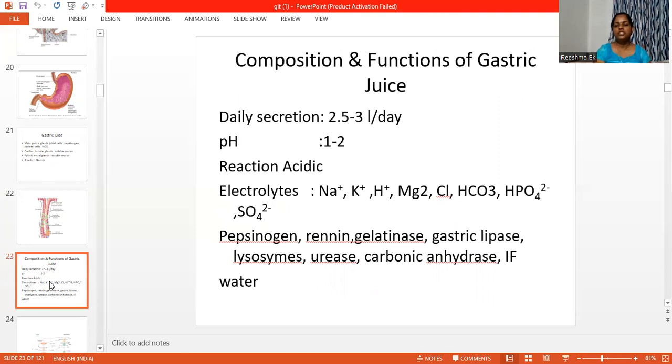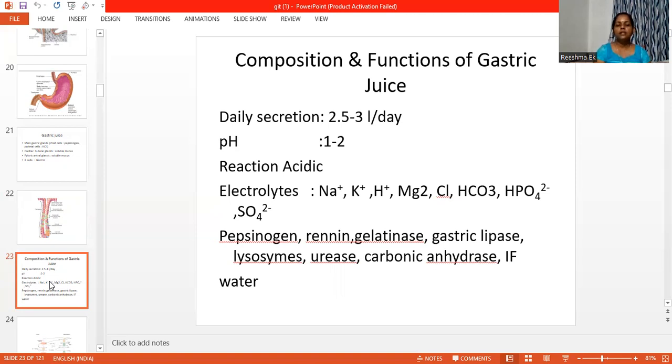Then about the composition and functions of gastric juice. The daily secretion of gastric juice is about 2.5 to 3 liters per day, and its pH is about 1 to 2, and its reaction is acidic in nature. Because of the presence of HCl, gastric juice is acidic.